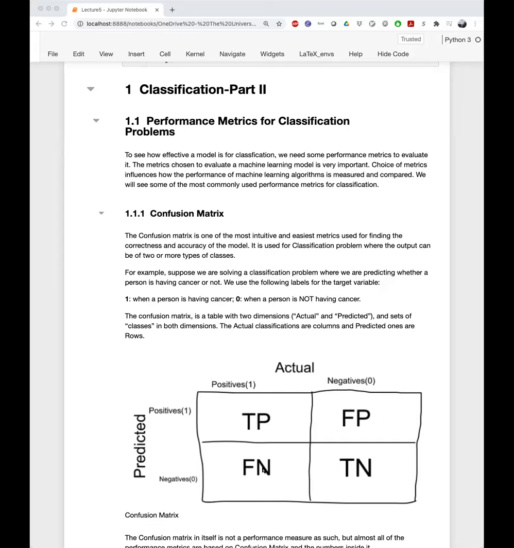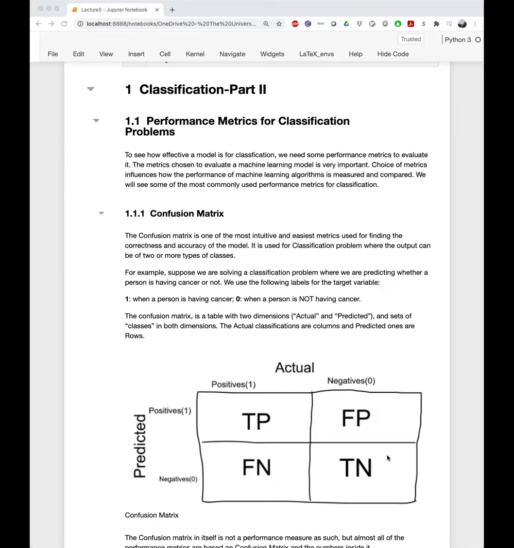False negative means, again, negative means the model predicts these cases as negative. The model predicts these patients are negative, which means they do not have cancer, but actually they do have cancer. So the model didn't predict these cases correctly, so it's false negative. And the last one is true negative.